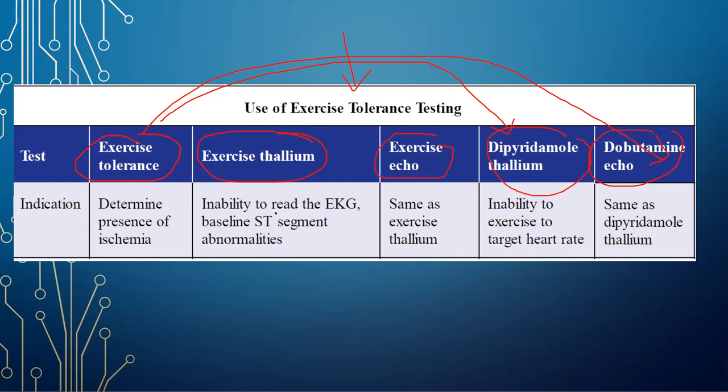So any patient having baseline ECG abnormality, you cannot do exercise tolerance test. You need to do either thallium scan or echo when the patient is doing exercise. If the patient is unable to exercise, you should do a chemical stress echocardiogram. Chemical stress echocardiogram is this one, dobutamine echo.